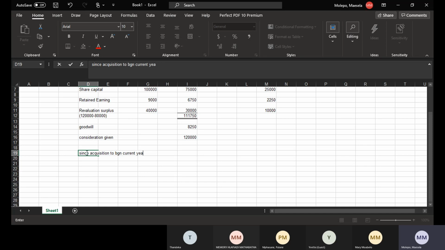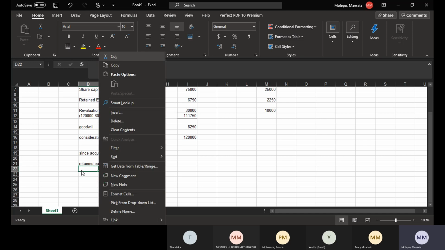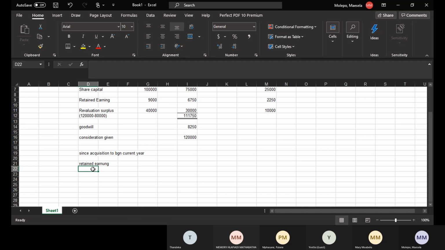In this case, we're gonna have the retained earnings. The retained earnings in the books of the subsidiary, as shown in the statement of consolidation, was sitting on 14,000. We less the 9,000 at the date of acquisition.